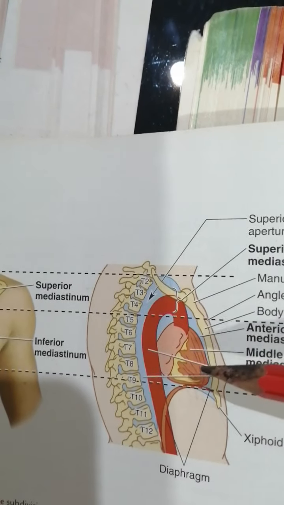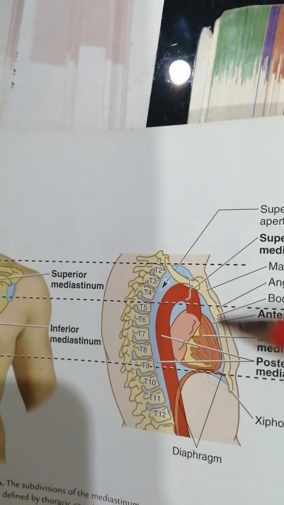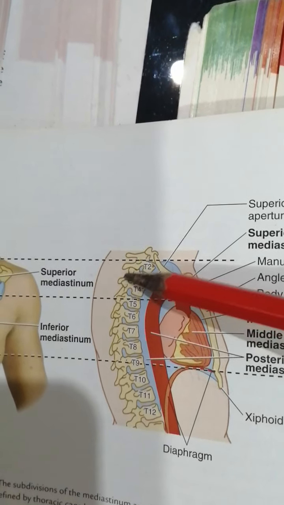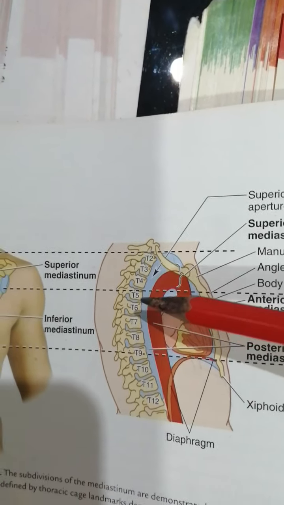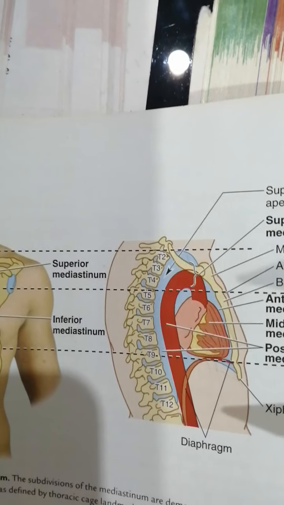Here is the diaphragm. Inferiorly there is the diaphragm, anteriorly there are the sternum and the costal cartilages, and posteriorly there are the thoracic vertebrae.